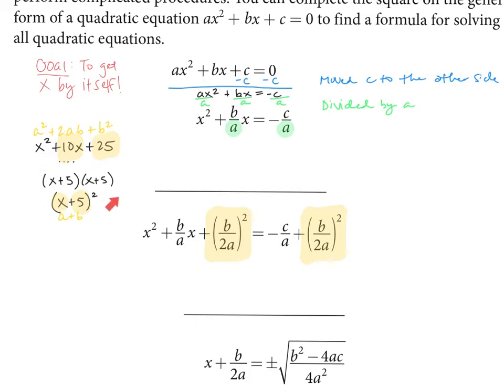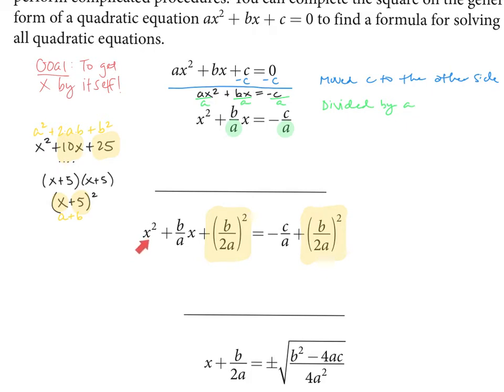So this side example is going to help us realize why we're adding this to each side. So think about this. We have to figure out what the a and the b are in our middle term and figure out, okay, we want that b squared. Now we have to look at what our a squared is to figure out here.